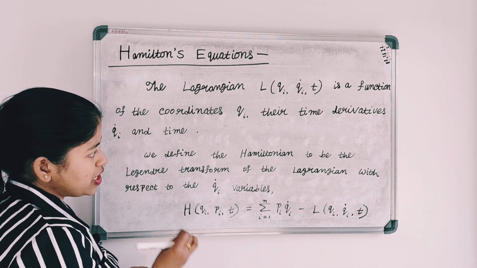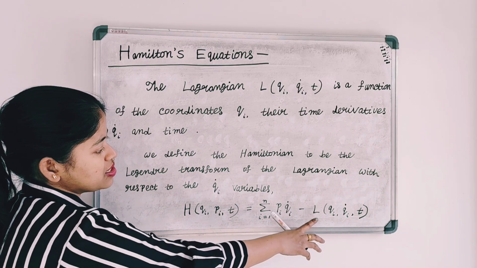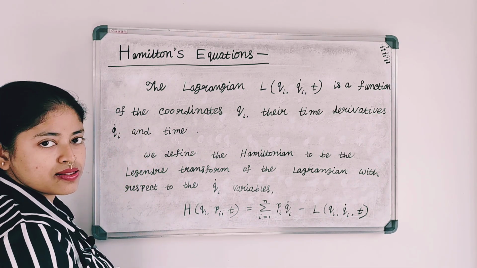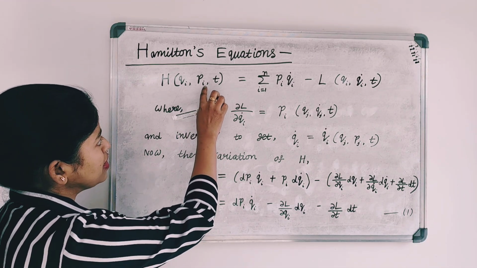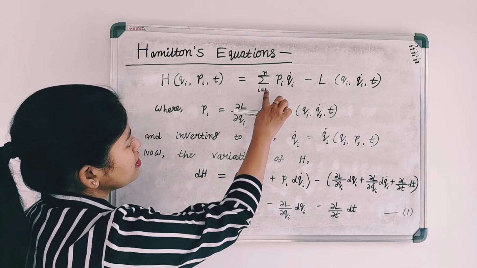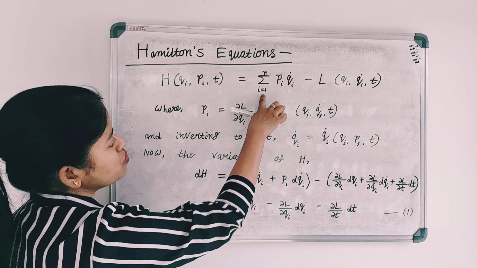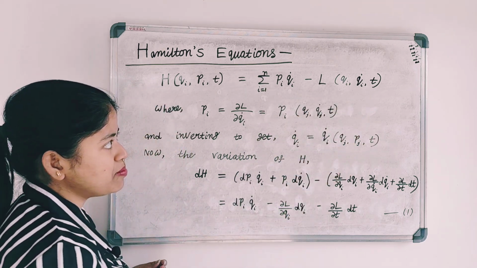So writing the Hamiltonian as the Legendre transform of the Lagrangian, H, a function of qi, pi and time t, can be written as the sum over i equals 1 to n of pi qi dot minus L, a function of qi dot and time t.